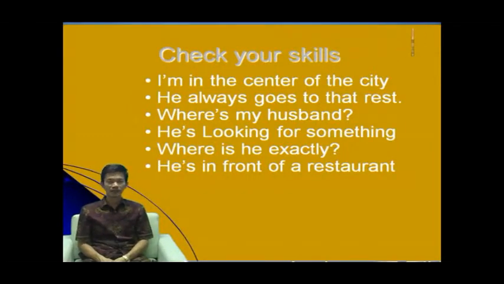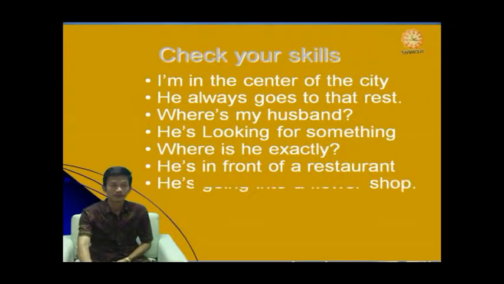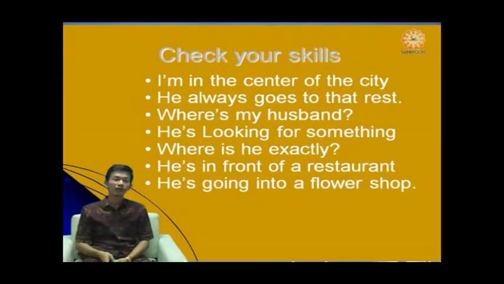He's in front of a restaurant. Yeah. This is a sentence in the form of present simple. He's going into a flower shop. Present simple or present continuous? Yeah, this is a sentence in present continuous.